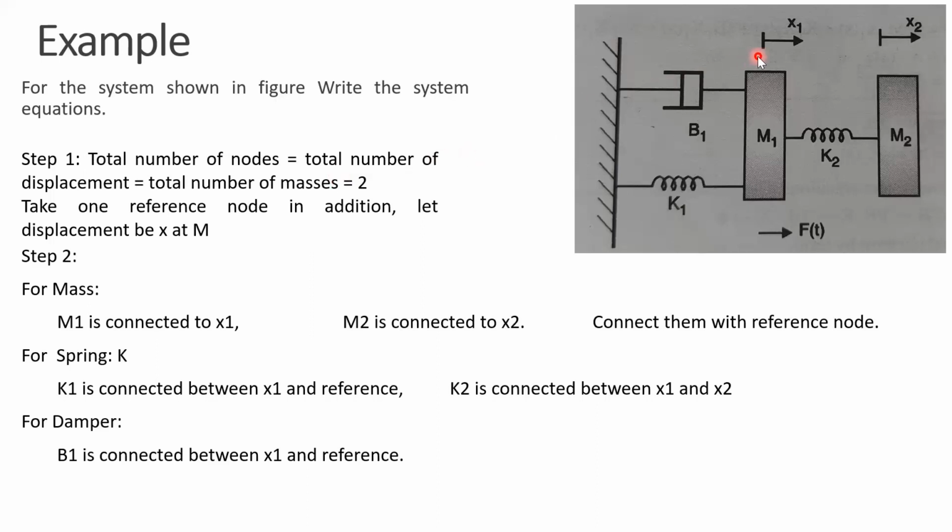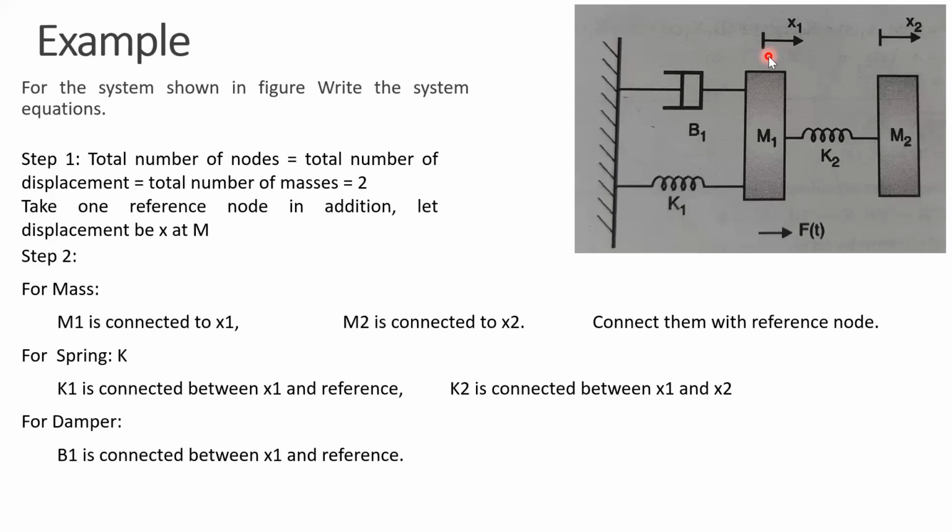So x1 is the first displacement, that is the displacement of m1, and x2 is the second displacement, that is the displacement of m2. Now for step number 2, let us observe the masses.